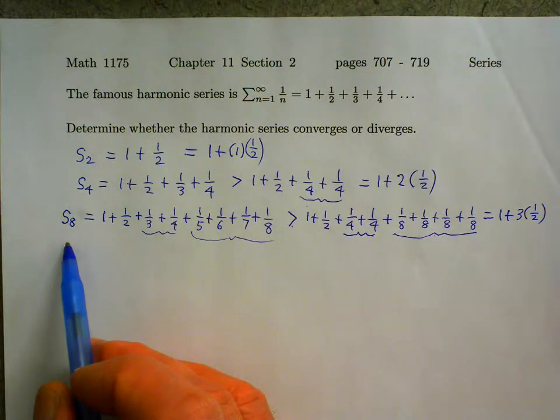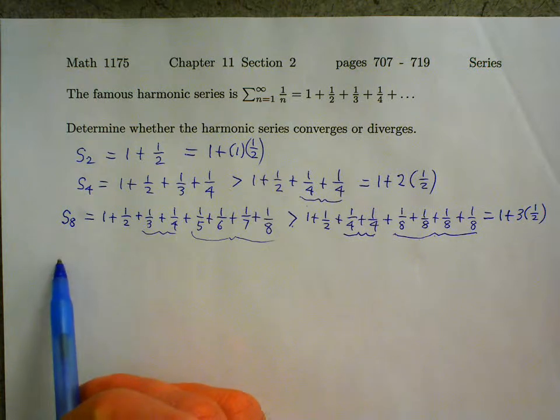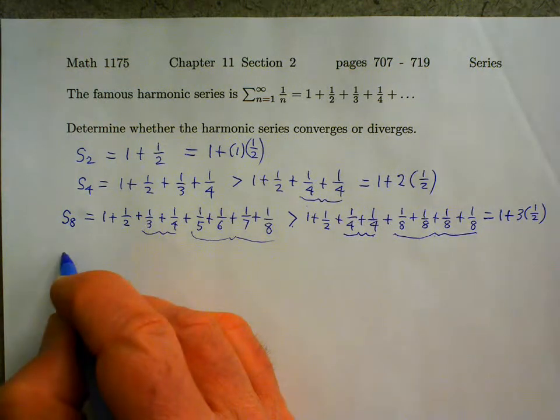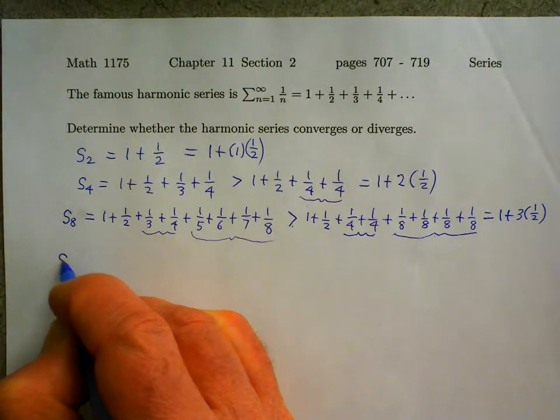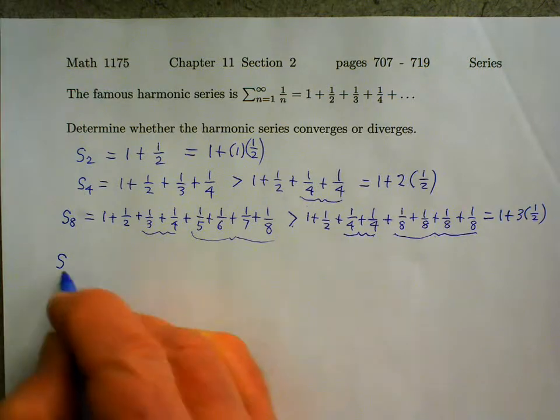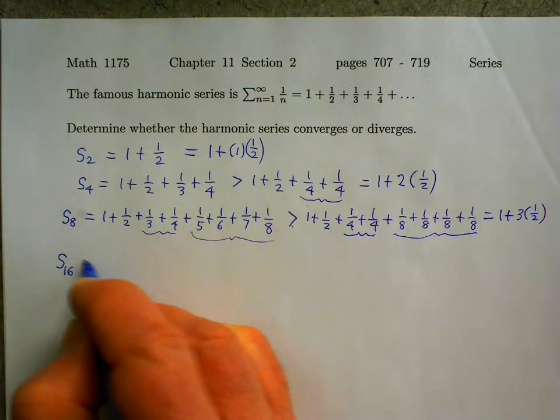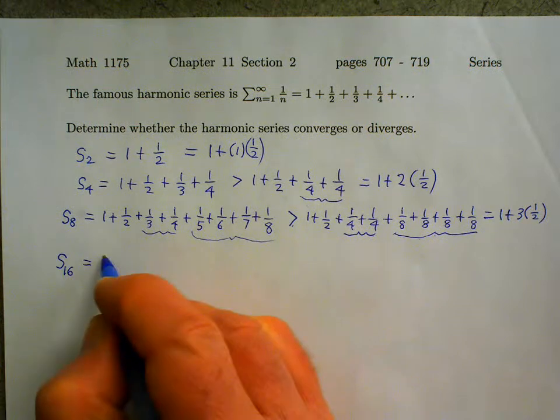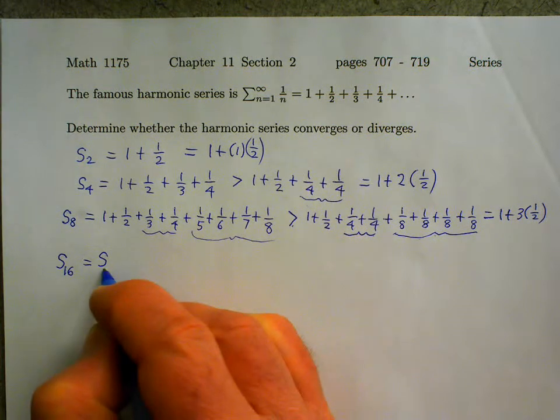I know that it would be exceedingly tedious if I did another line, so I'll just cut to the chase. The next power of 2 after 8 is 16. 16 is 2 to the 4th, so S of 2 to the 4th.